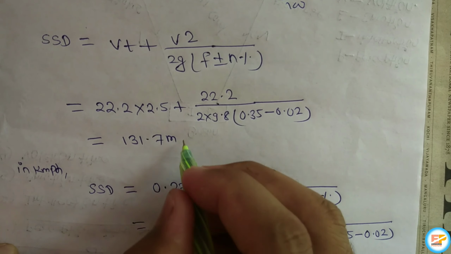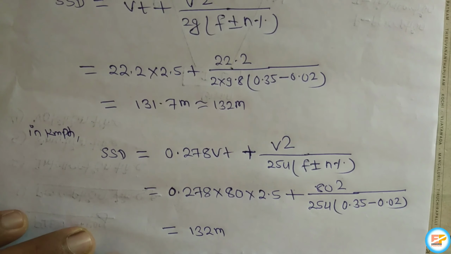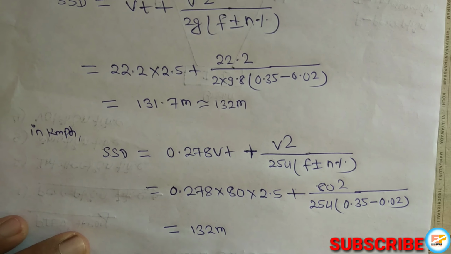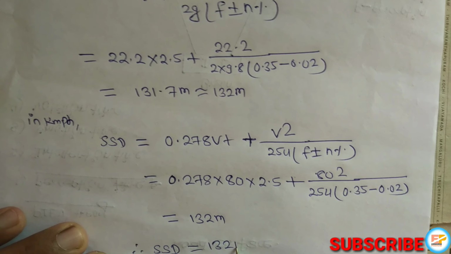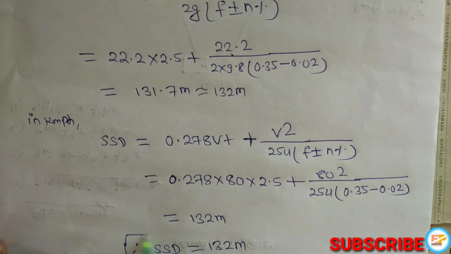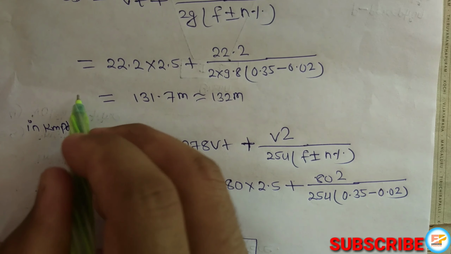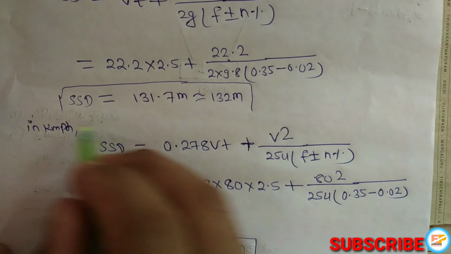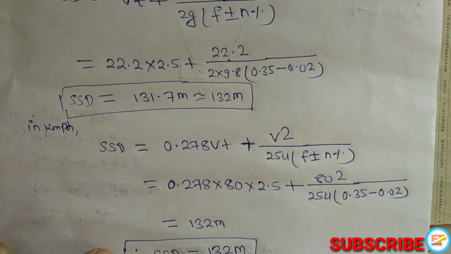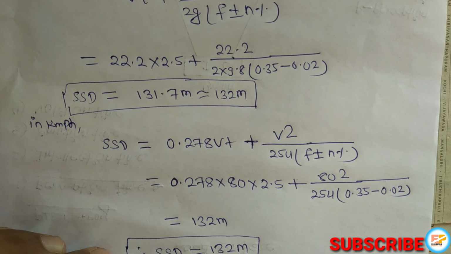This equation is also the same, nearly equal to 132 meter. Therefore the stopping sight distance you will get is 132 meter in kilometer per hour, and in meter per second it is also the same. So this is the solution of this question. In this way you can solve the problem.